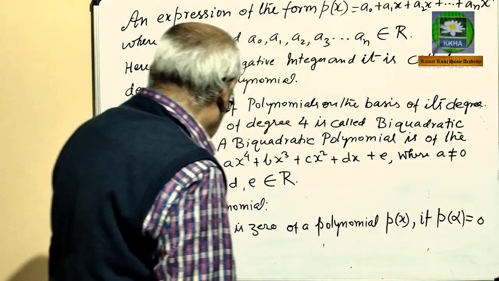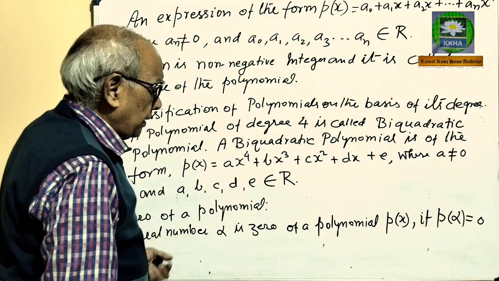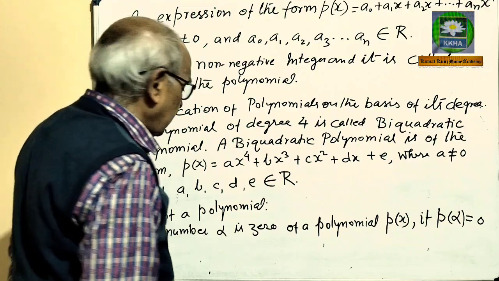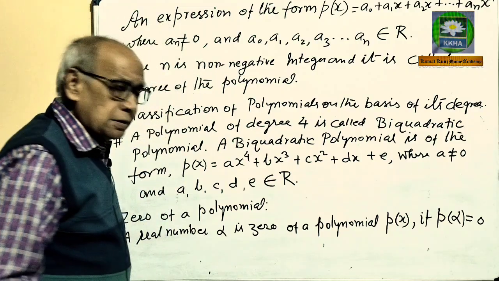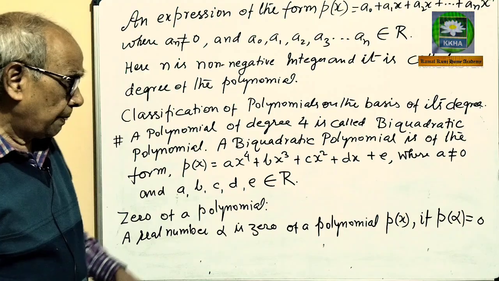Now, if you put alpha in the polynomial and the outcome is 0, then alpha is called a zero of the polynomial.